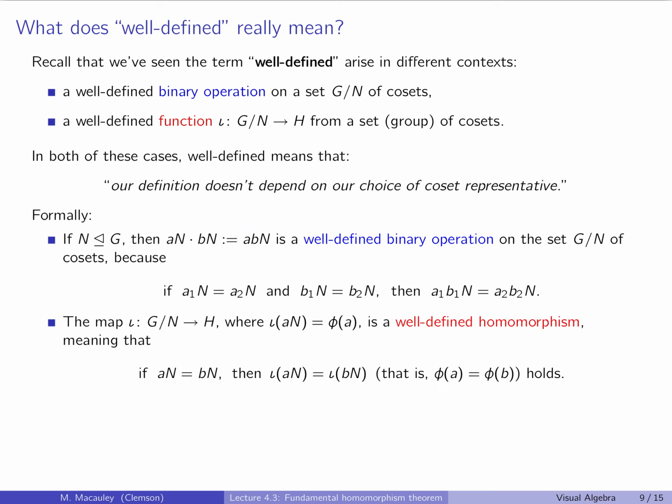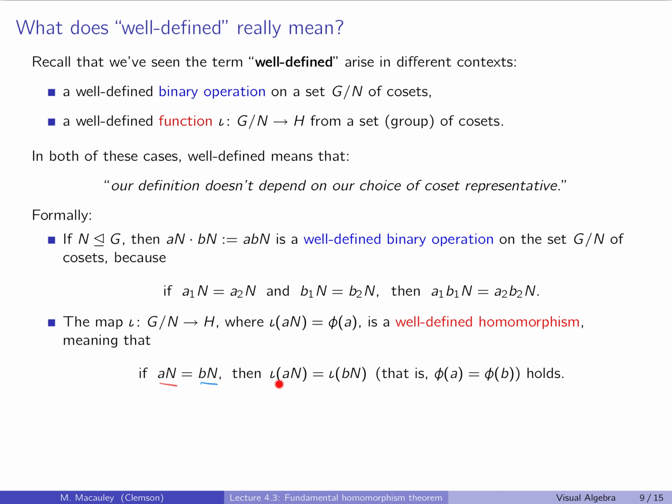Earlier in this video, we proved that the map iota, defined on cosets, where iota of aN equals phi of a, was well defined because that also did not depend on the particular choice of representative a. In other words, if I call a coset aN and you call it bN, then we better get the same answer.